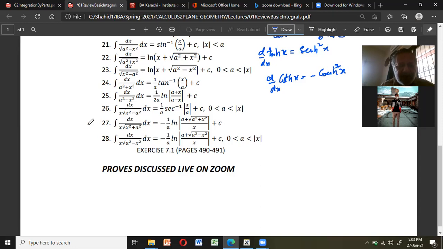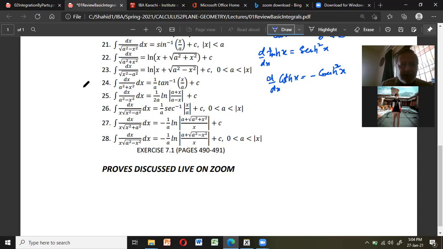Now, this next range of problems which are considered here, from 21 to 28, are all derived or proved using substitution techniques. We will be studying these substitution techniques in this course at a later stage, not too far away in the future. Very soon, we will be considering how to get or prove all these formulas using substitutions. So I'm switching to something new.